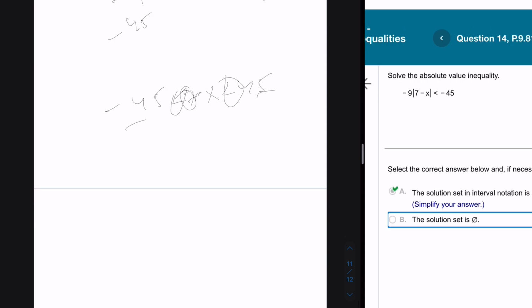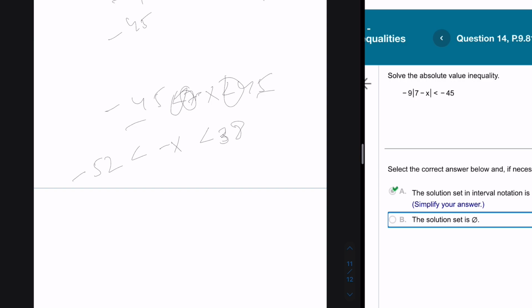But after subtracting 7 on all sides, minus 45 minus 7 is minus 52, minus x, 45 minus 7, 38.